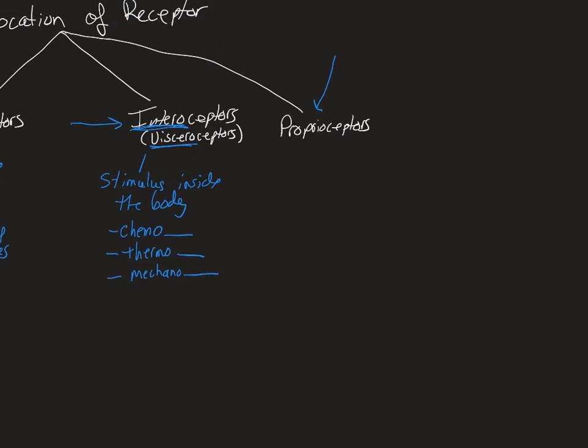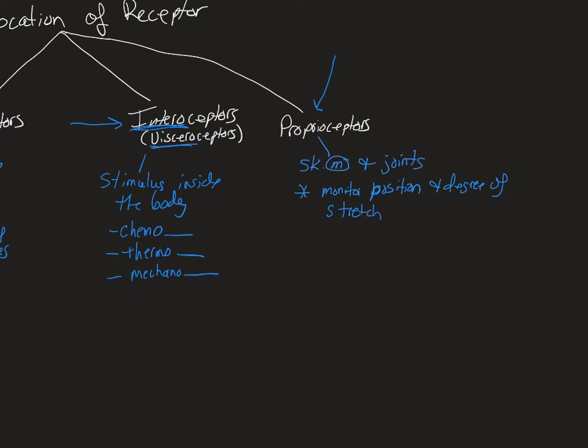So what is special about the proprioceptors? They are specifically found in skeletal muscle and the joint structures, so tendons, ligaments, that kind of stuff. And they are very specific in that they monitor the position of these joints and muscles and degree of stretch. So they basically are saying how contracted is this and how stretched is it.